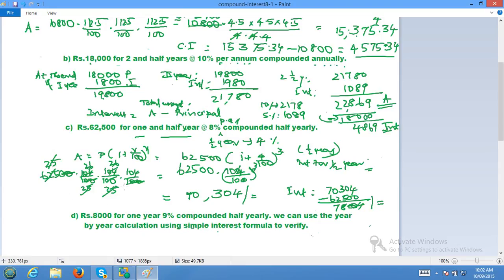You can try that. 26 multiplied by 26 you get 676. Multiply with 104, you get the answer.